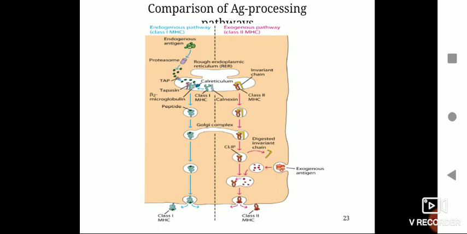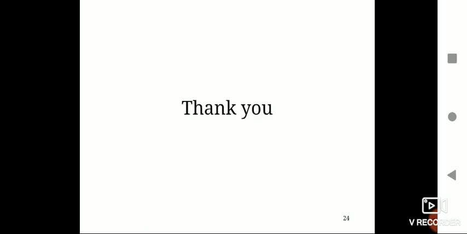The two pathways that we have seen, the cytosolic pathway and the endocytic pathway, are shown here in the form of a diagram. Please learn this diagram. This is a very, very important big question. Please learn it very carefully along with the diagrams. So this completes our antigen processing and presentation. Thank you.